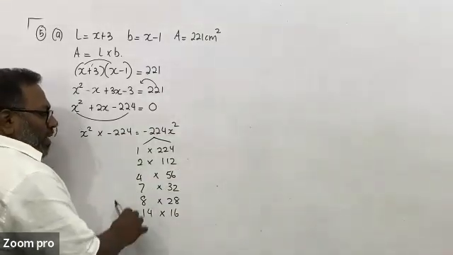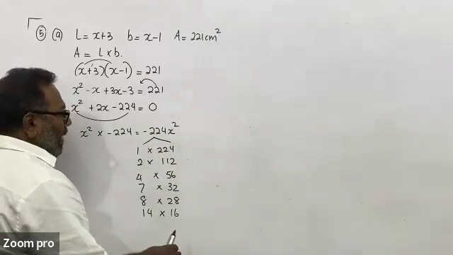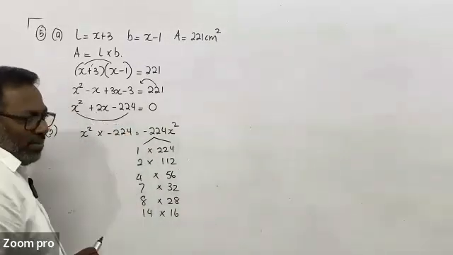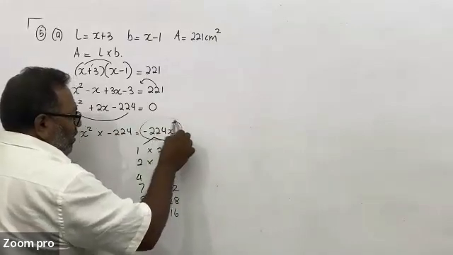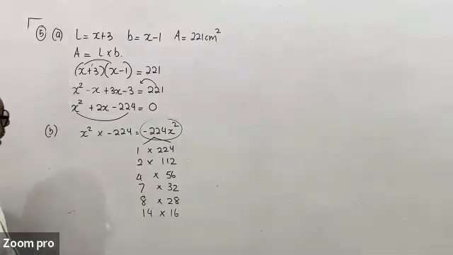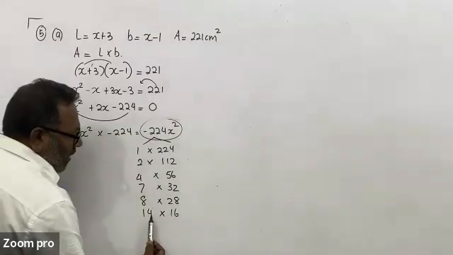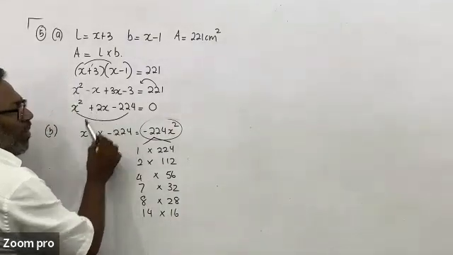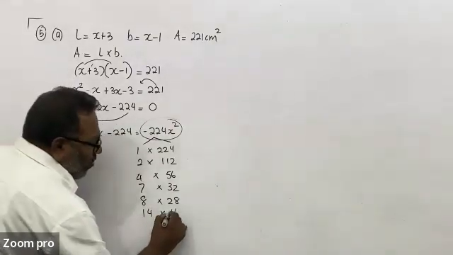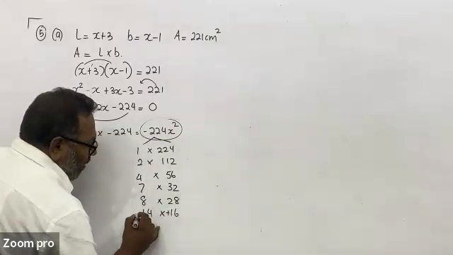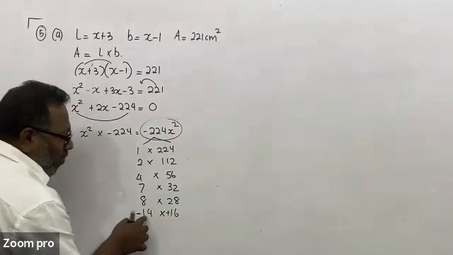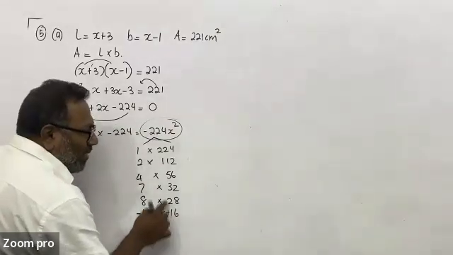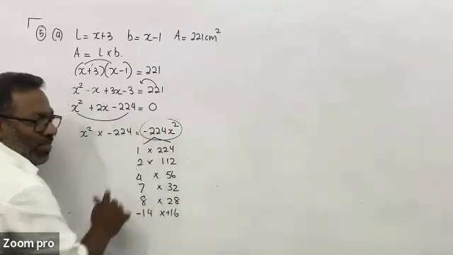We have to see which pair, when you add it, is going to give you this, and when you multiply is going to give you this. Right? So you can see the difference between 16 and 14 is plus 2. So plus 2 means this is going to be plus, this is going to be minus. Right? And when you multiply minus into plus, you will get a minus answer.